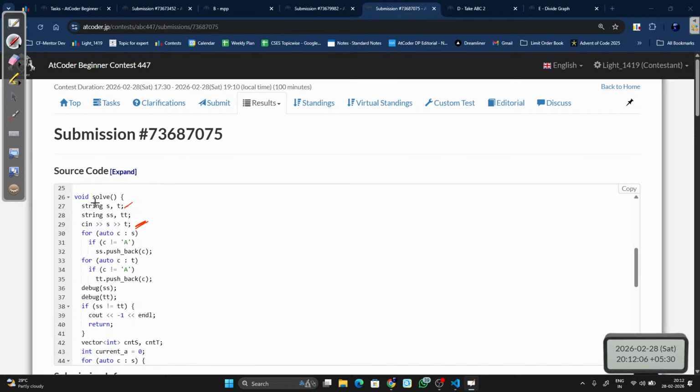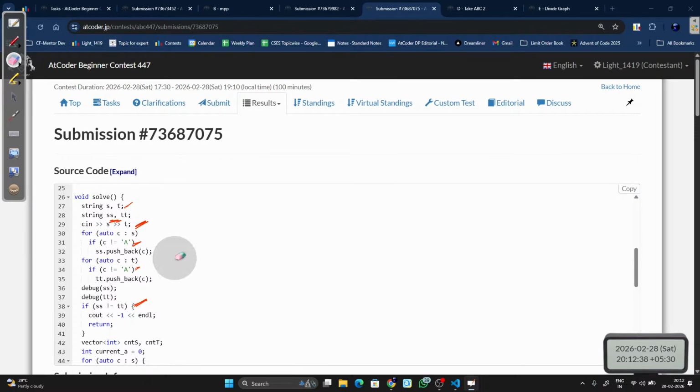Now I have created two new strings SS and TT. SS and TT are the original strings only, but they don't contain any occurrence of A. If the character is not equal to A, then only I will push it into the new string, else I will ignore it. Next, I will check, after removing all the A's, whether the initial string and the final string are the same. If no, then it won't be possible to make the strings equal at all, so I am printing -1 over here.